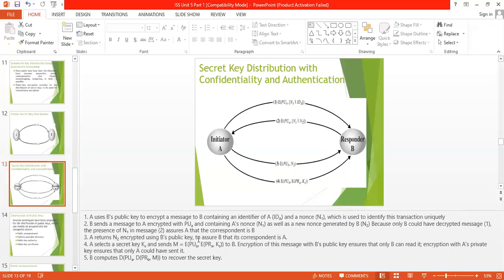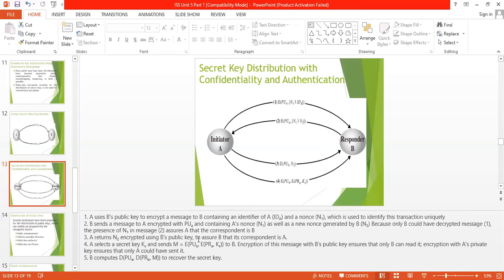In this process, initiator and responder communicate with each other. In step one, A uses B's public key to encrypt the message to B containing an identifier and the nonce, which is used to identify the transaction uniquely.